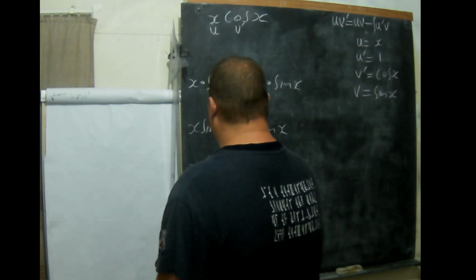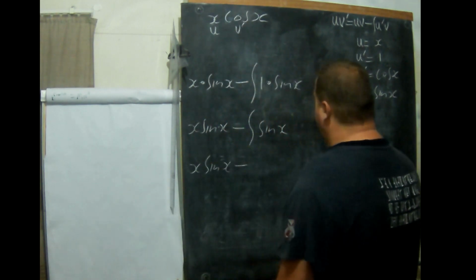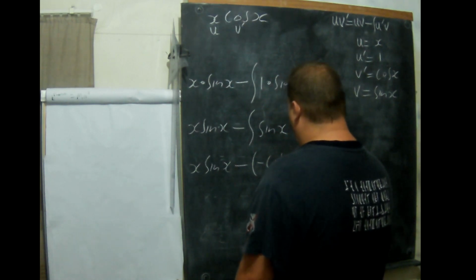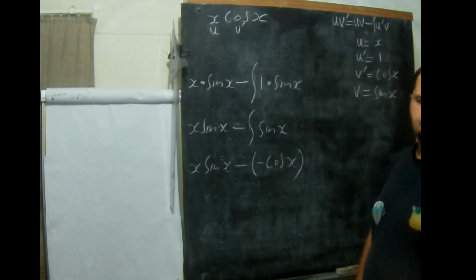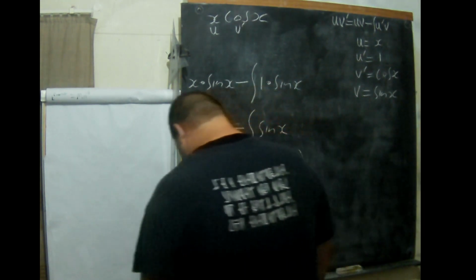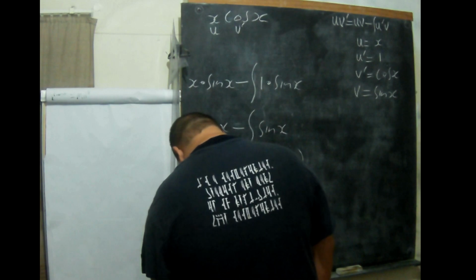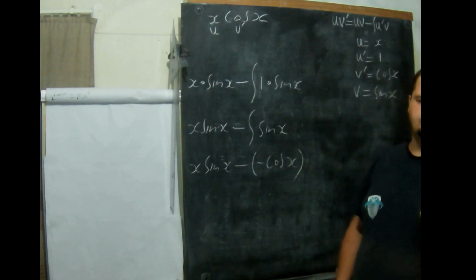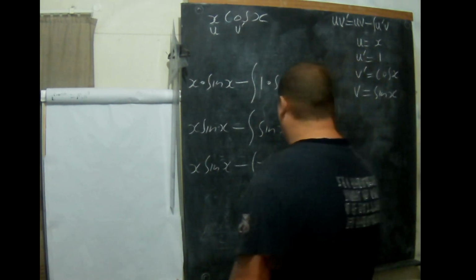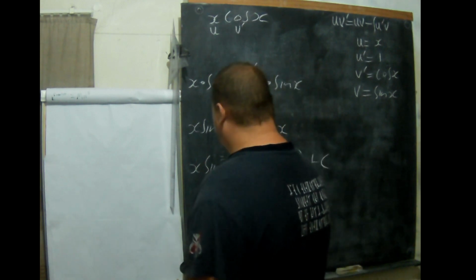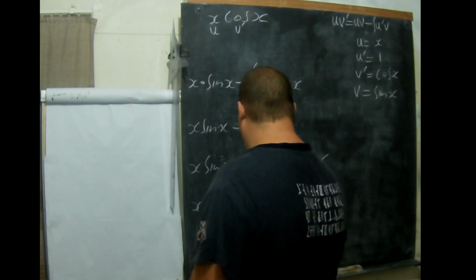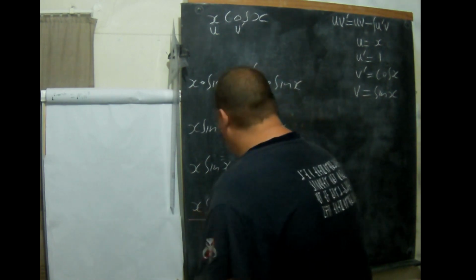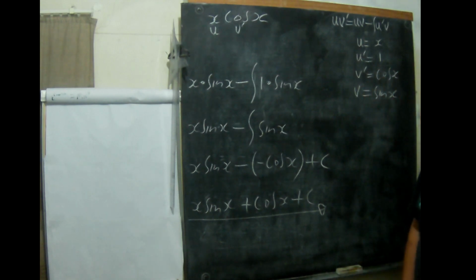Now the integral of sine x is minus cos x, so we have minus minus cos x plus c. So x sine x plus cos x plus c. And that is our final answer.